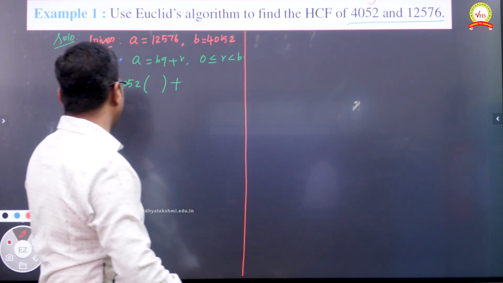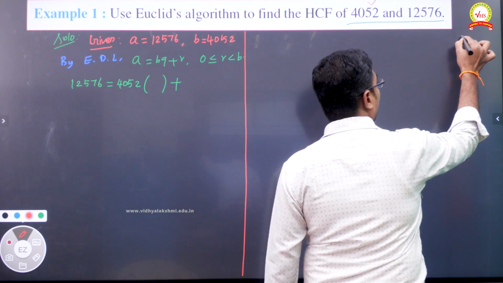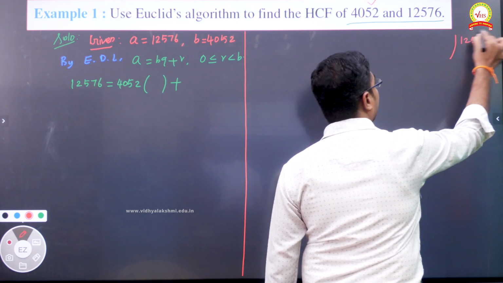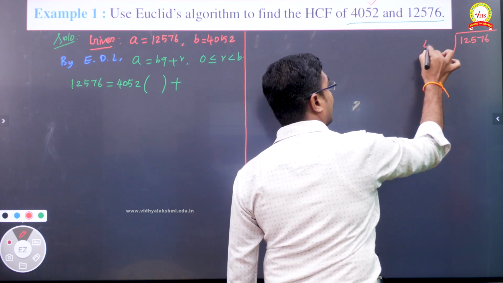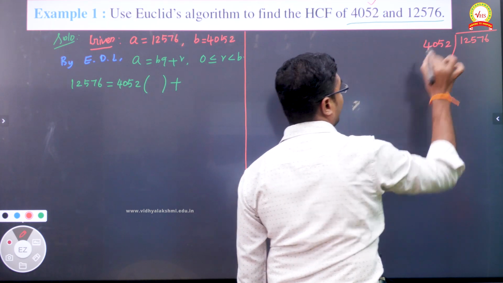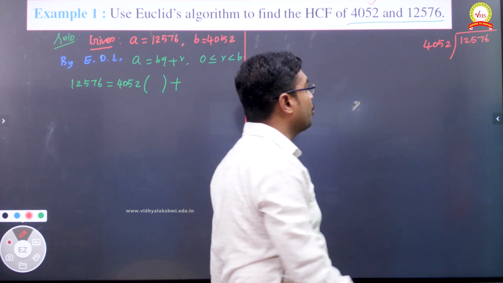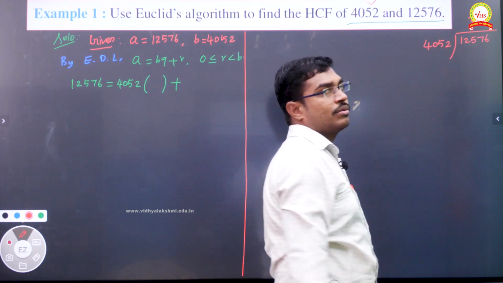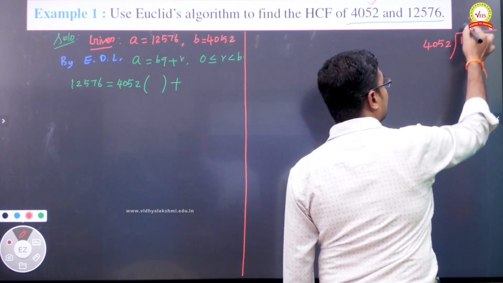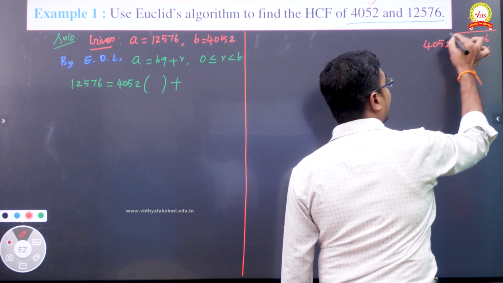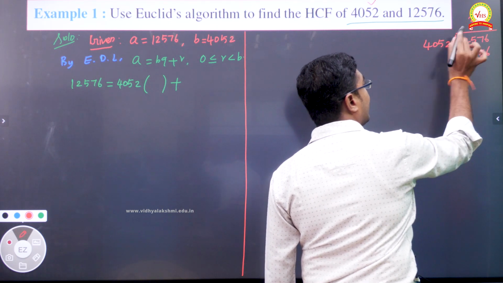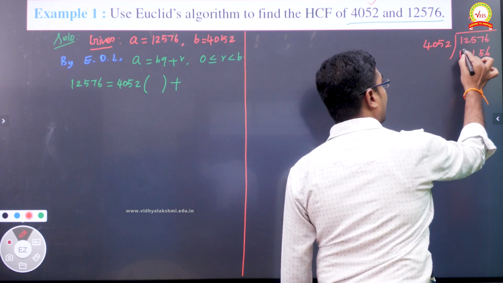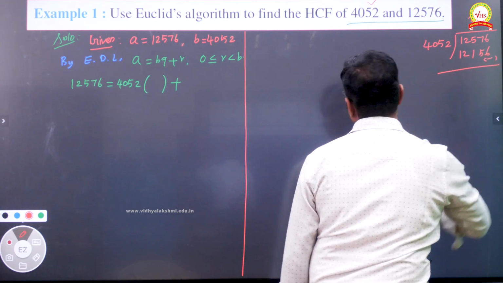So I am going to divide 12576 by the divisor 4052. I am going to put the number 3 because 4 3s are 12. So that is why I am taking 3. 3 2s are 6, 5 3s are 15, remainder 1, here is 0. So put the remainder. Next, 4 3s are 12. So subtract the value.